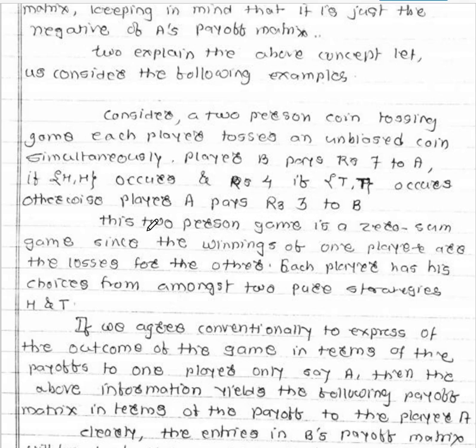Otherwise, player A pays rupees 3 to B. This two-person game is a zero-sum game, since the winnings of one player are the losses of the other. Each player has a choice from among two pure strategies, head and tail. Okay, so each and every person has their own technique and own choices.